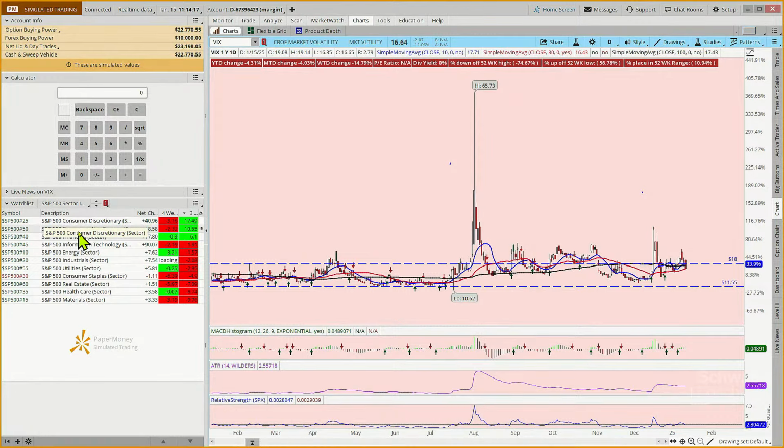Americans, we love to spend money, don't we? Communication services. So that's the Verizons and the T-Mobiles of the world. Meta is in there as well. And then financials have been crushing it. This week we had a lot of financial stocks come with earnings, and they are really taking off.